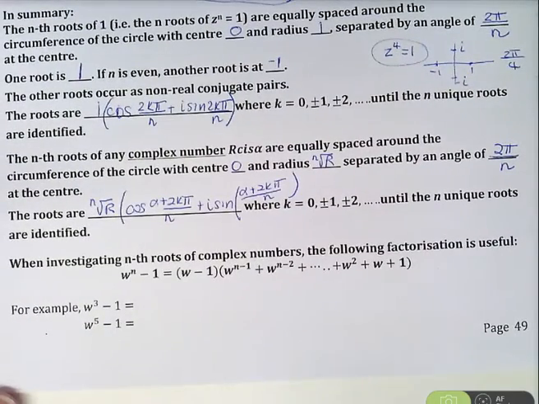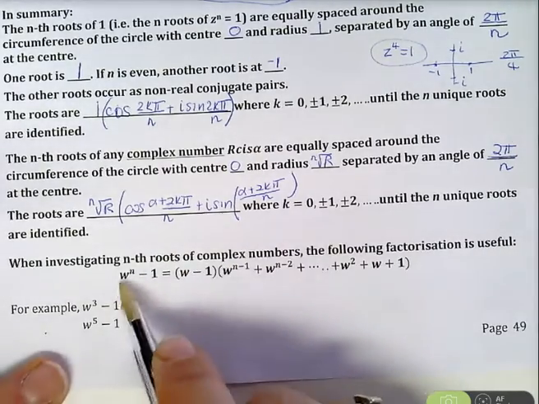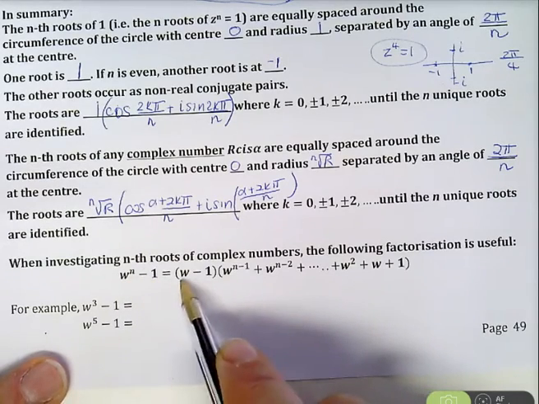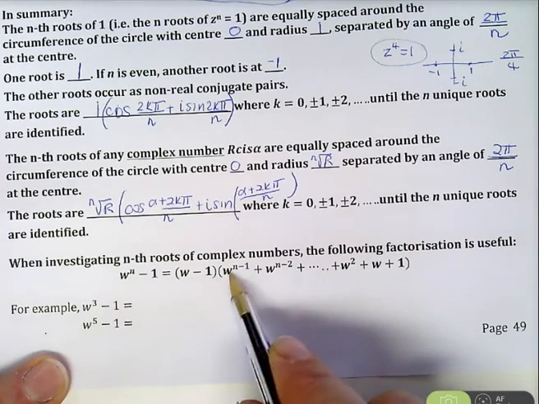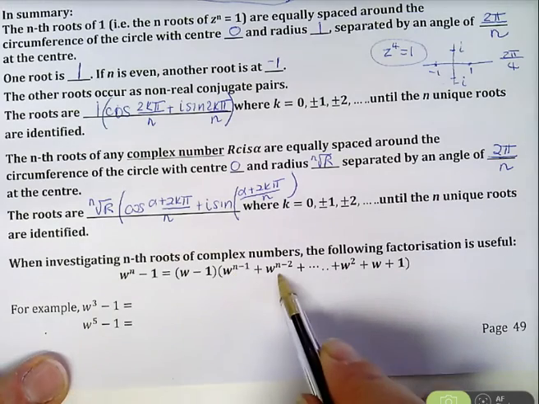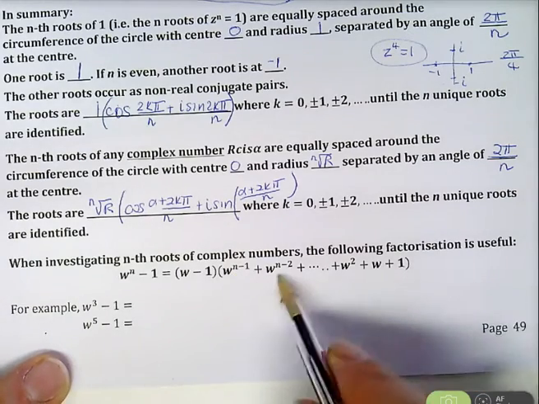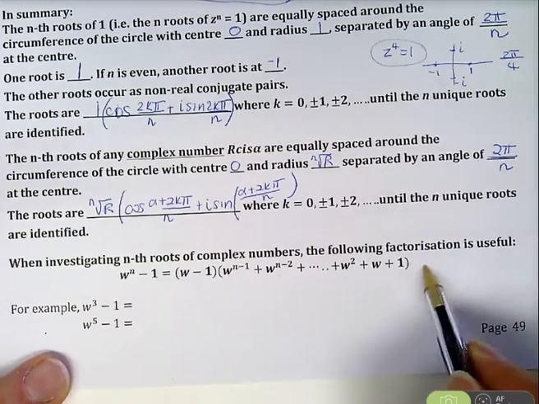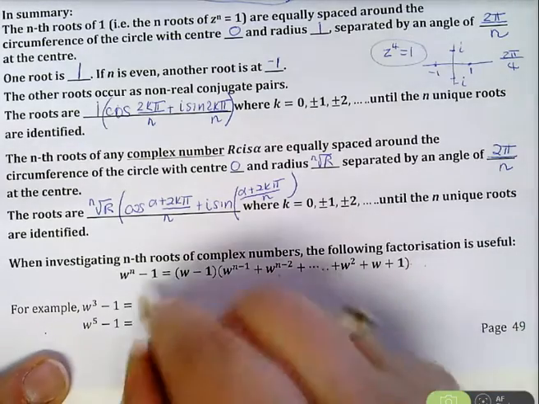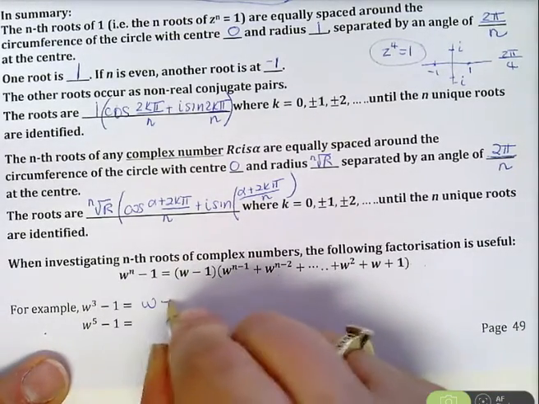Now, when investigating nth roots of complex numbers, the following factorization is useful. So w to the power of n minus 1 is w minus 1 times, notice 1 power less of w, 2 powers less of w, down to 1 power of w, and no powers of w. We've seen this factorization before.